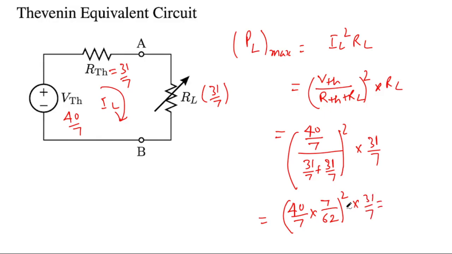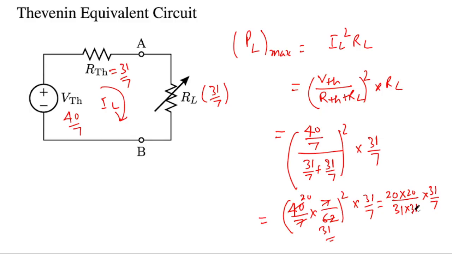The 7 will get cancelled with the 7, and 40 divided by 2 becomes 20, so it is 20 divided by 31, with 20 in the numerator and 31 in the denominator. So maximum power will be equal to 20 multiplied by 20 divided by 31 multiplied by 31, which is the square, multiplied by 31 by 7.